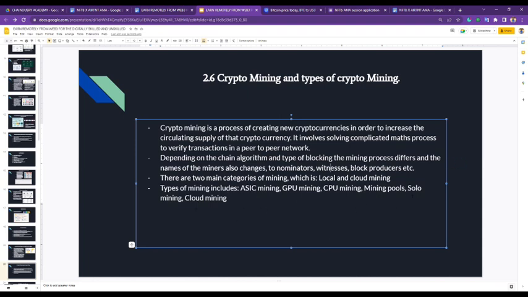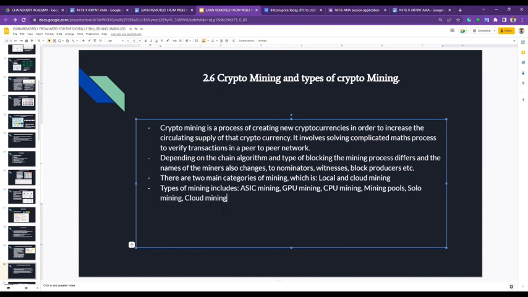Yes. So when I say local, it means you have the mining device over here at your location to take care of the mining activities that are going to happen. And when I say cloud mining, it means you are paying or renting resources in a remote location that is not yours to conduct your mining process and synchronize the mining protocol on your computer to mine rewards and transactions for you.